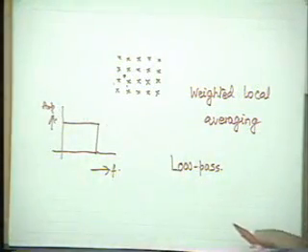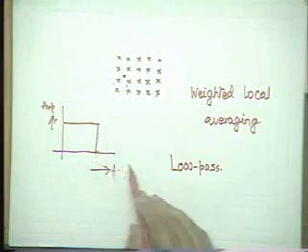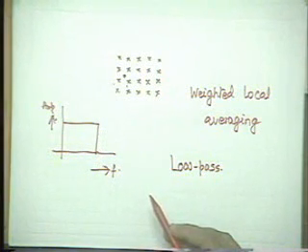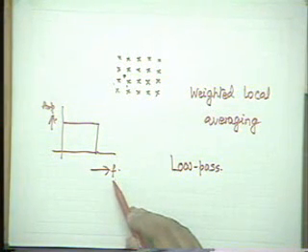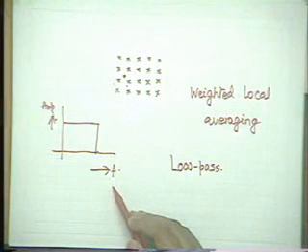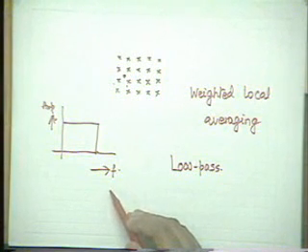Very similarly, for the low pass filtering of images, we are going to have this kind of amplitude versus frequency characteristics. But in the case of images, what we mean by frequency is the spatial frequency, that is, how the image data is varying in space.